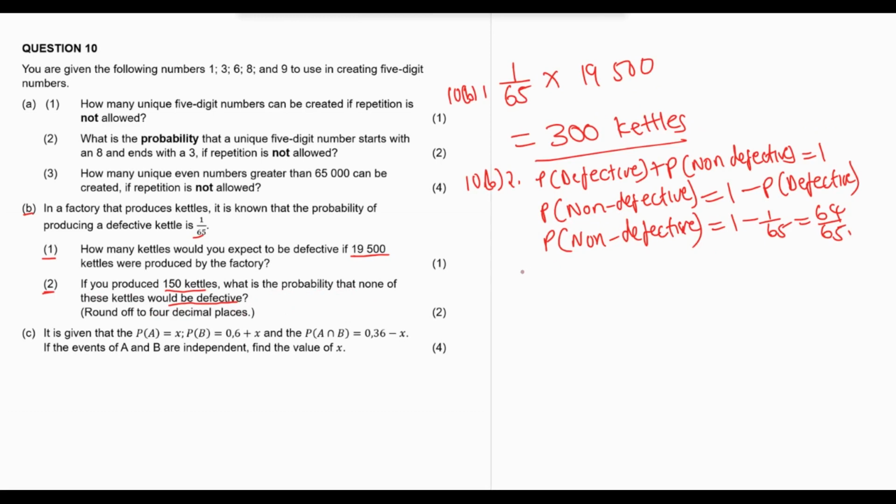Right, let me remind you about this. The multiplication rule for independent events can be extended to more than 2 independent events.